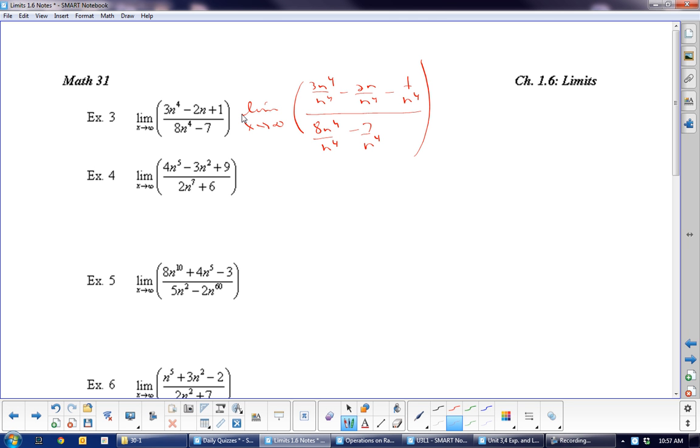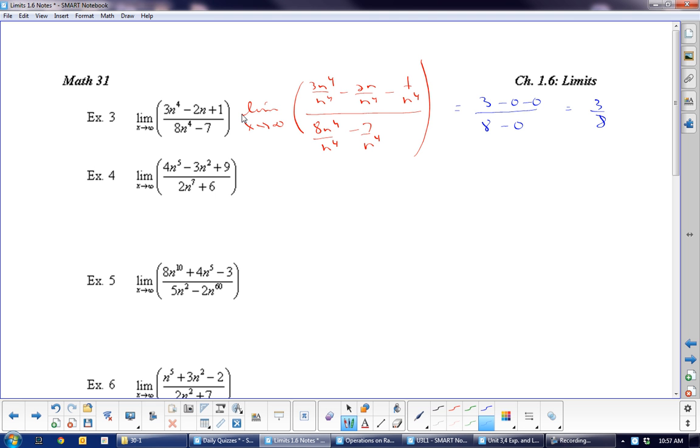Okay? Now, you can see that once you put infinity in, you will get 3 minus 0 all over 8 minus 0, so you will get 3/8. Now, there's a much quicker way to do this one.